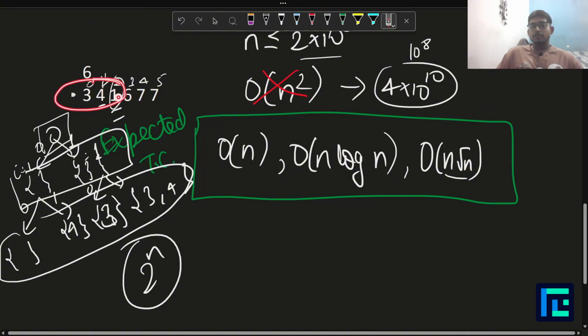But since here you can know that for a sequence to be beautiful, if this is a 3, there should be 3 more elements ahead of this. If this is a 4, there should be 4 more elements ahead of this. So if you have some subarray like this and you are moving this side, then if this is a 3, you would need to have 3 elements, but that can be any elements.